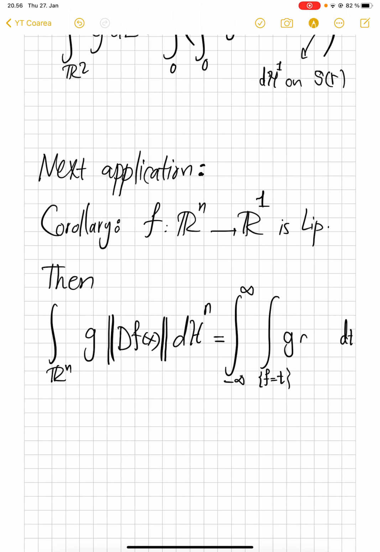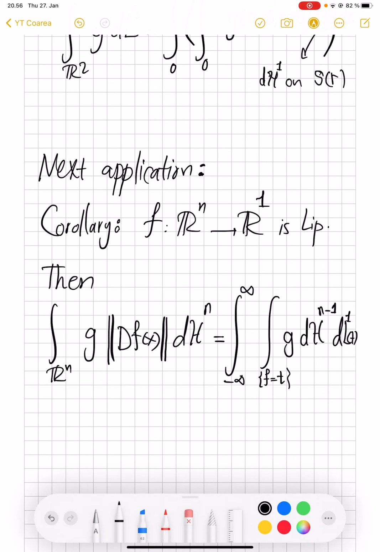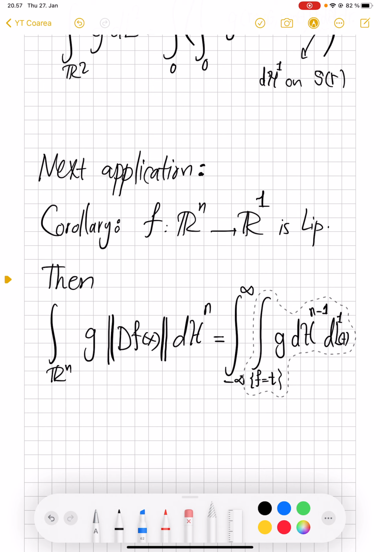So first you integrate over n minus 1. Yes. So that is the formula, and just to be consistent, let me put L^1 of t. Okay, there you go. So another integration formula for when f is mapped into R^1.